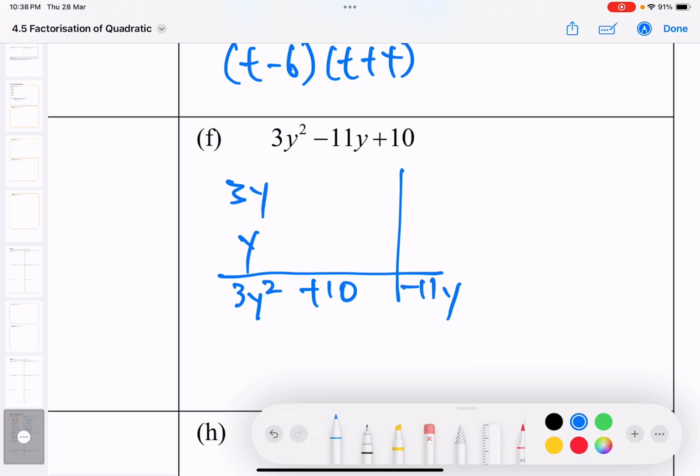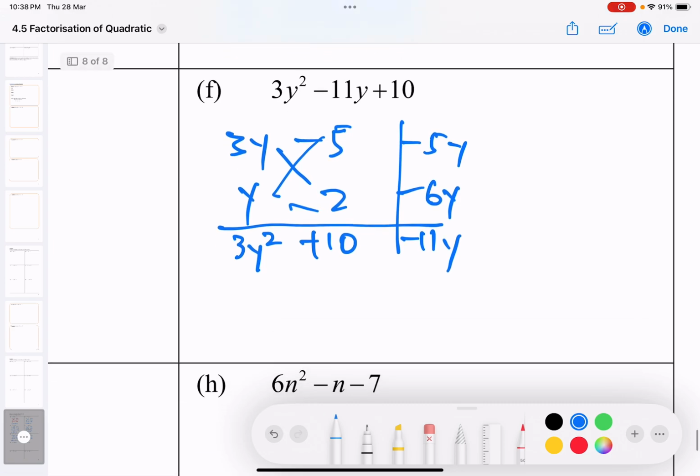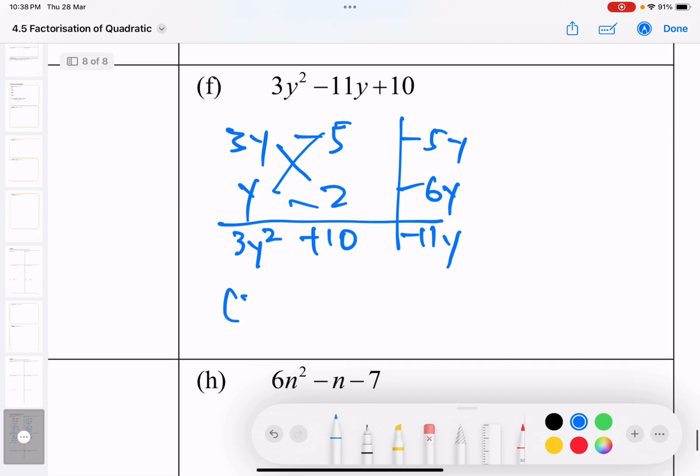If I try 5 times 2, let's try 5 times 2. So 3y times 2 is going to be 6y. Y times 5 is 5y. Negative 11, both must be negative. So both must be negative over here. And indeed, when I multiply these two, I do get positive 10. So my answer is 3y minus 5, y minus 2.